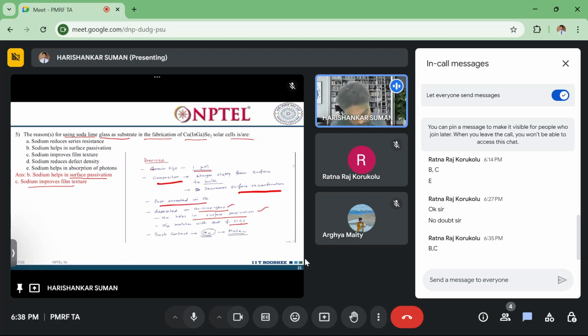Post annealing in selenide, deposit on the sodium, we have already discussed.